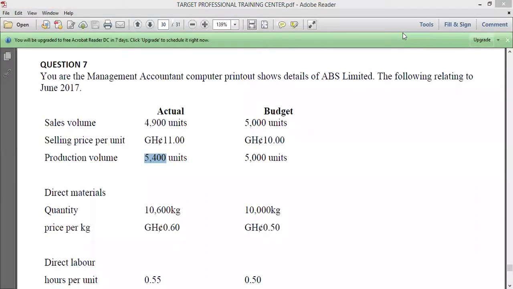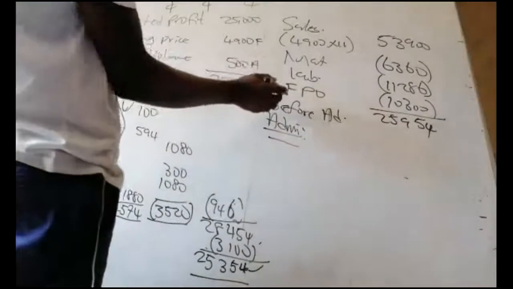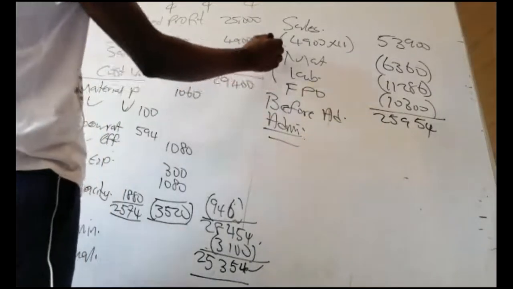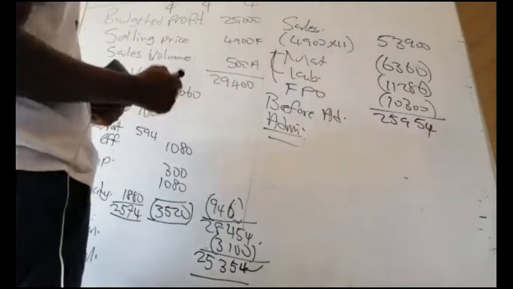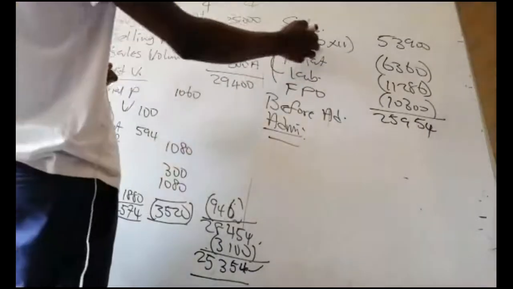Now let's continue. To avoid trouble, we have to use the 4,900 for this production section. How we get this material and then labor, we have to use the 4,900 and then 4,900.